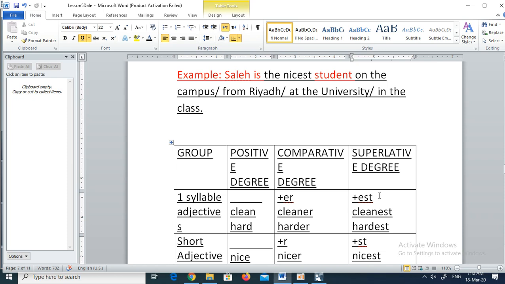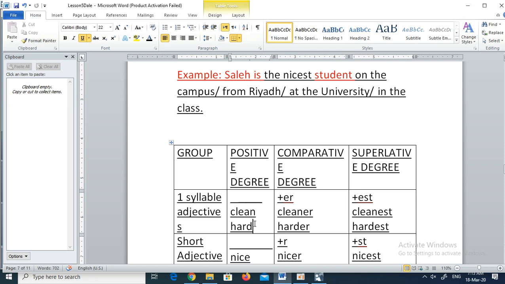So if I start with the positive degree clean, it then becomes the comparative degree cleaner because I have added ER at the end, and it becomes the superlative degree cleanest because I have added EST at the end.